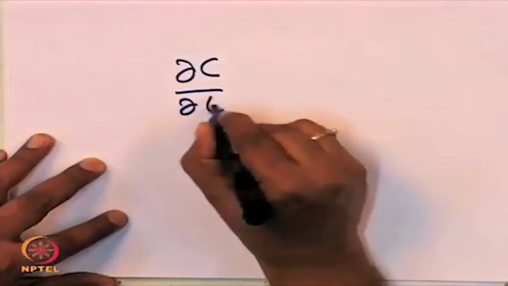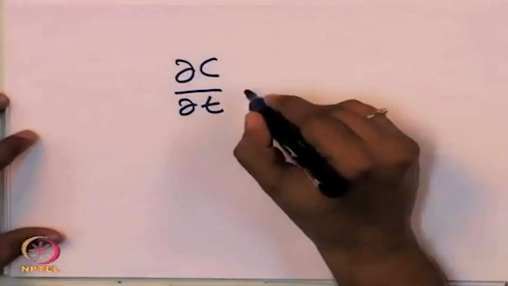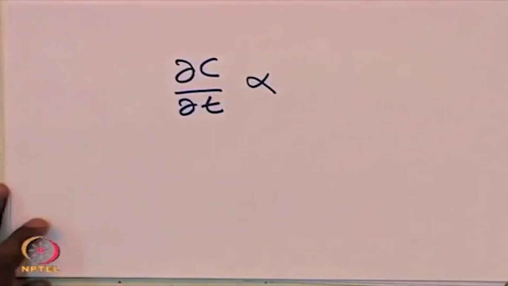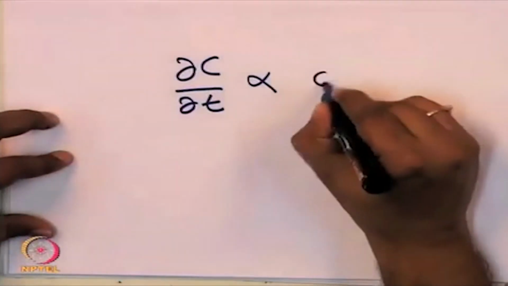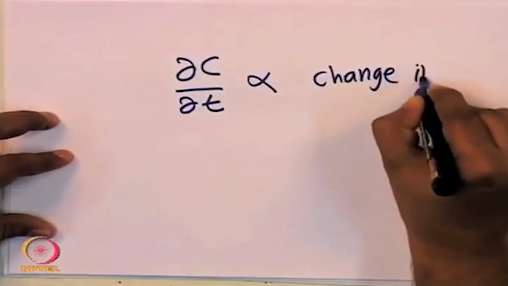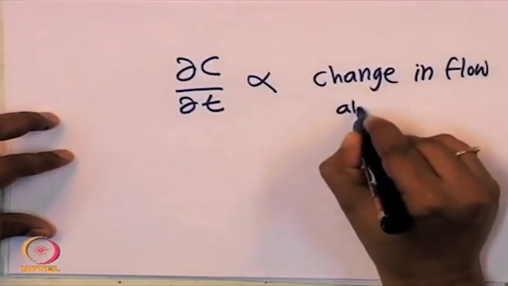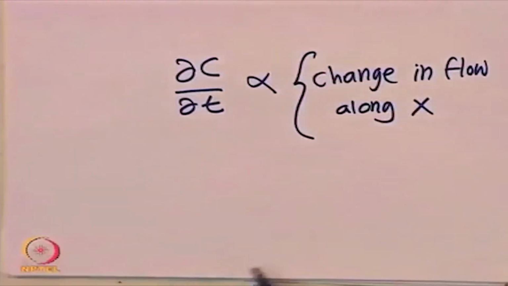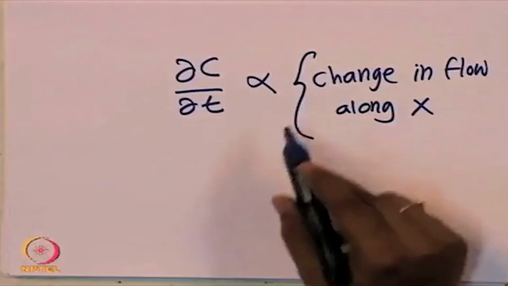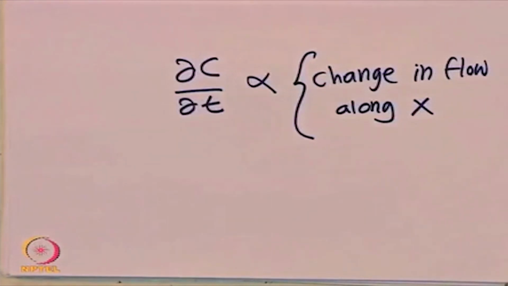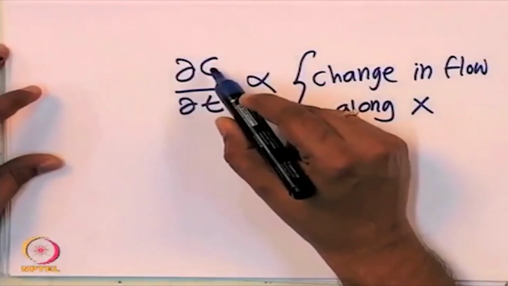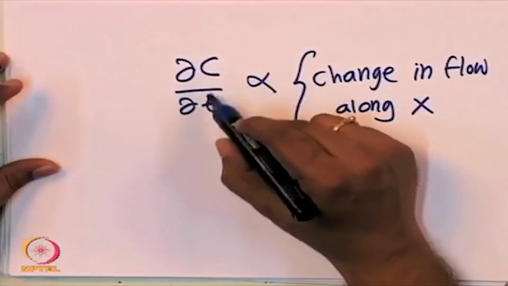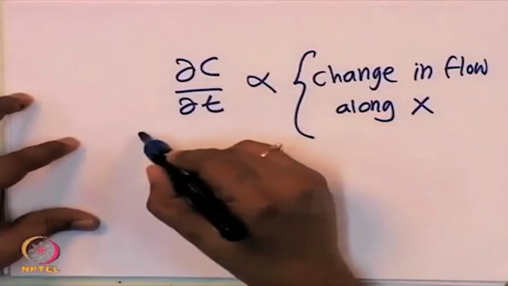That means, we said that del C by del T is proportional to change in flow along x. So, if there is change in flow along x, there is a del C by del T. So, del C by del T, C is concentration, which is a scalar. So, time derivative of a scalar is again a scalar. So, this is a scalar.